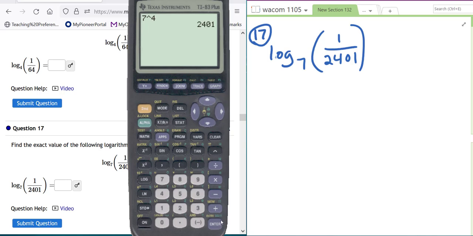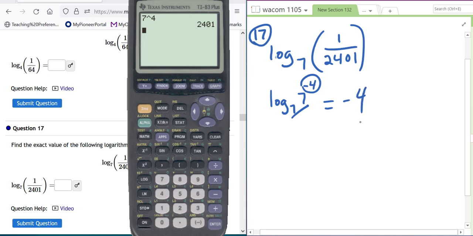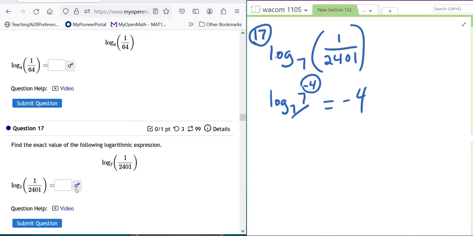Hey, lucky day. But it's in the denominator. So I'm going to need to do 7 to the negative 4. All right, that would move it to the denominator and give me this. Okay, so those are the same. That's my answer. Okay, so remember, a negative exponent makes it a fraction, puts it in the denominator.